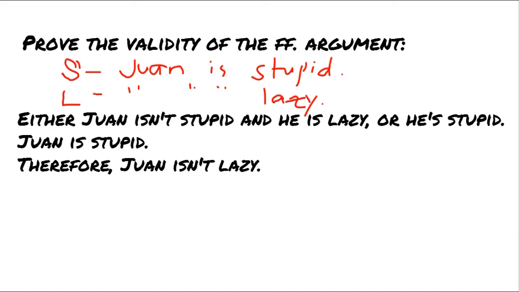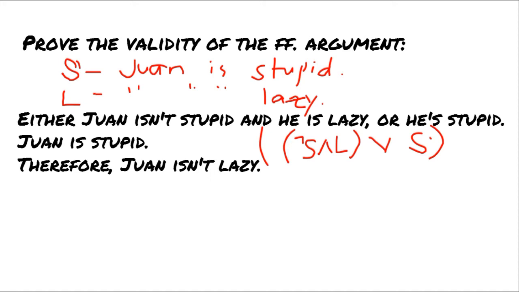So the statement is either Juan isn't stupid and he is lazy, or he is stupid. So that is an OR statement, and stupid is S, and we have an AND. So not stupid and lazy.